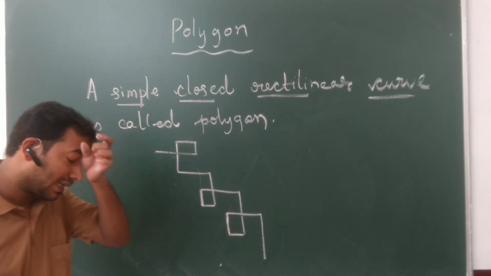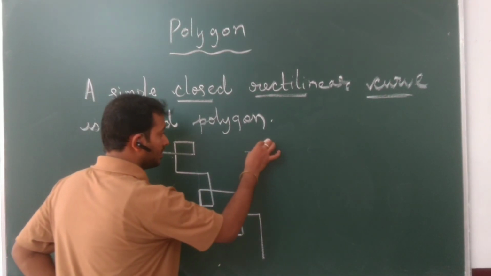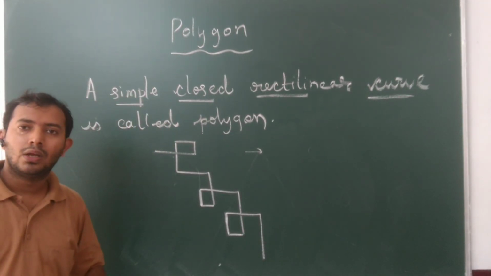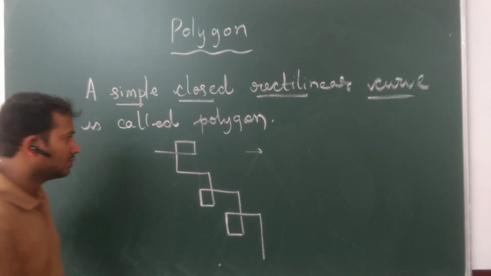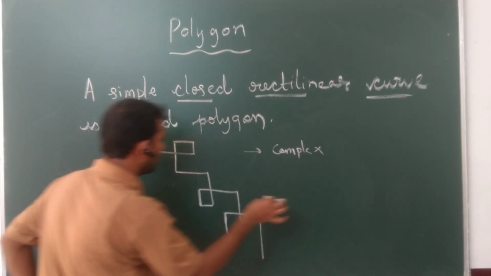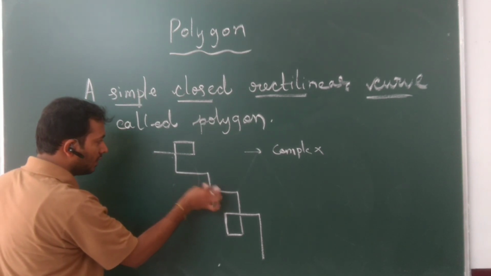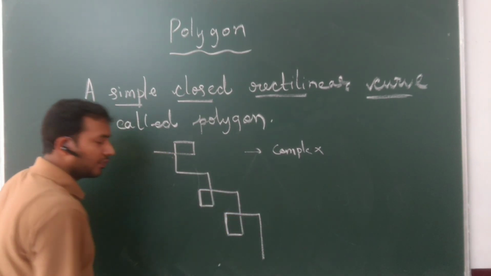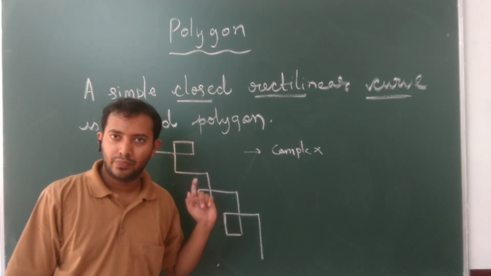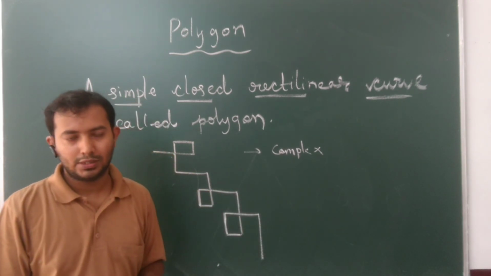Line segments, made of line segments. That means first we'll take, is it simple or complex? It is complex. Okay. Why is that? Because intersecting point you can see, 1, 2, at least one intersecting point if you see, it is complex. There should not be any intersecting point.